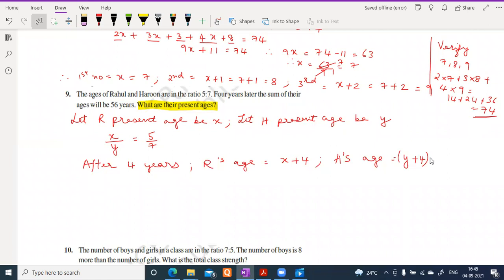The sum of their ages will be 56. So after 4 years, when you add their ages, they're telling it will be 56. So after 4 years, we have found what their ages are. So let's add them.